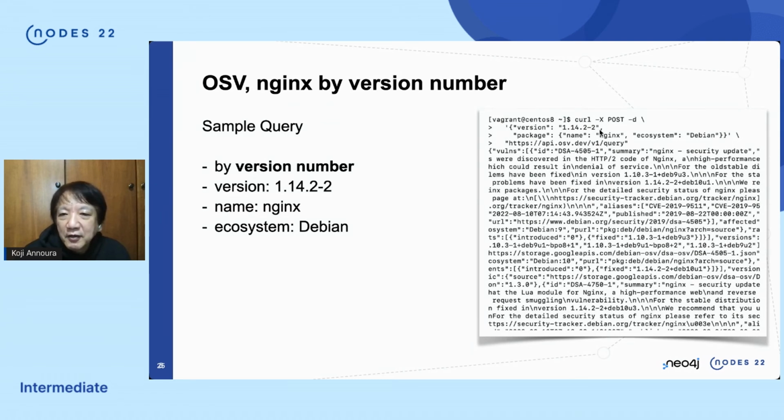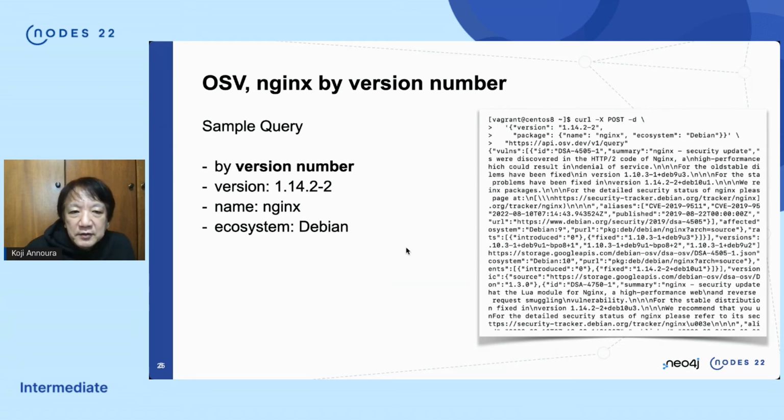You will see the 4 lines of the curl command here, and the result is here, from this line, 1, 2, 3, 4, 5, from 5 to a long line. Okay, this is not easy to read.